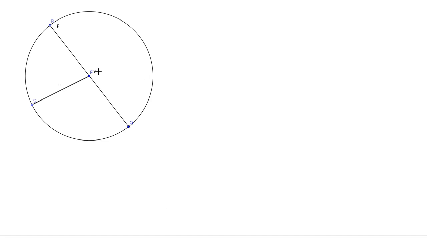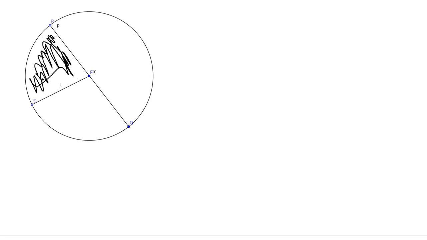I have a circle here. As you can see, this area is called a circle sector.